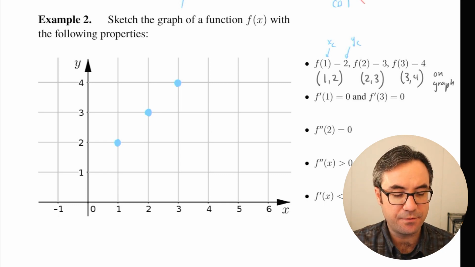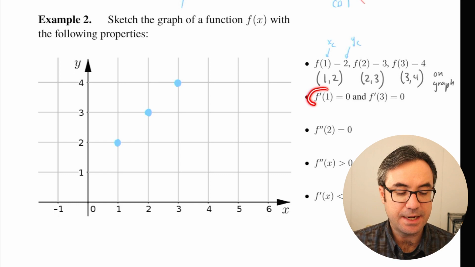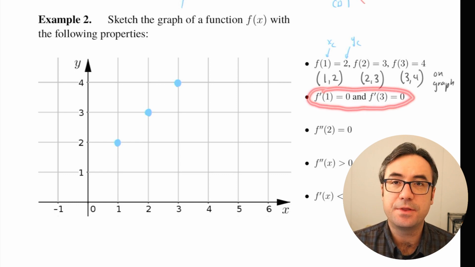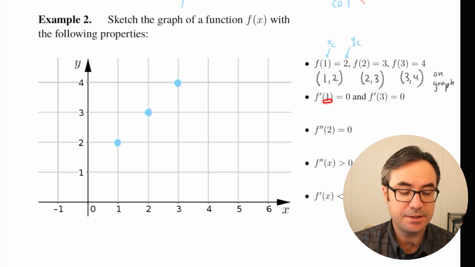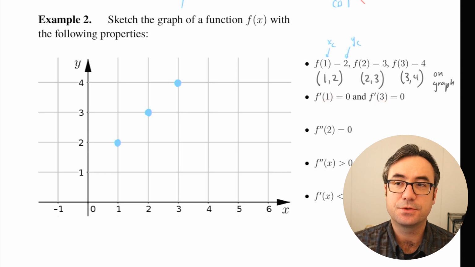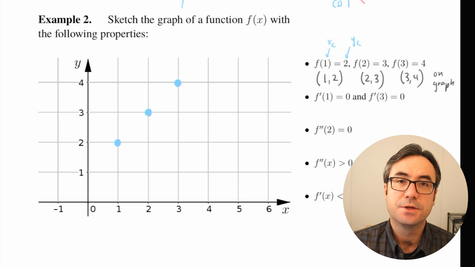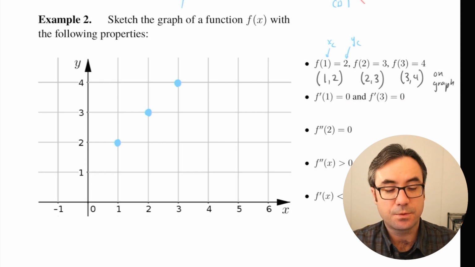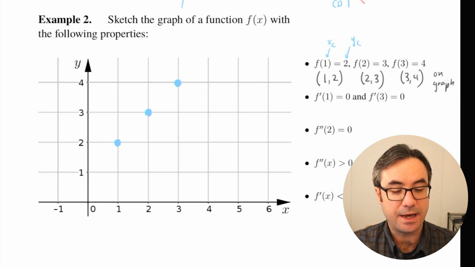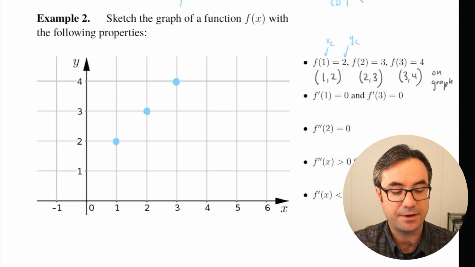All right, so what other information are we given? The second property tells us about the first derivative at x equals 1 and at x equals 3. At those two places, the derivative is equal to 0. What that means is we're going to have a horizontal tangent line at those two x values.